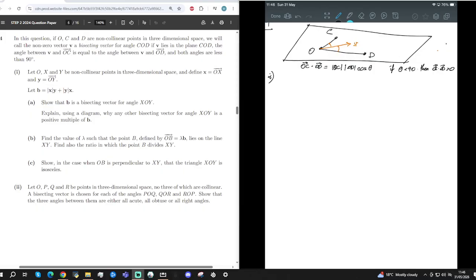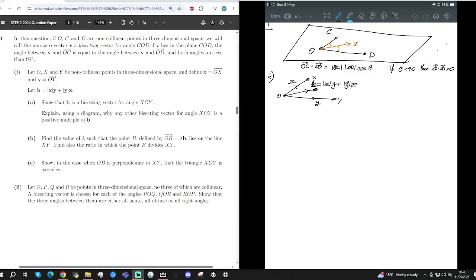So we need to show that the angle between b and x, so again I'll probably just draw the picture here. We have O, X, Y, we have that vector is little x, that vector is little y, and we've got a vector here b defined to be mod x times y plus mod y times x.